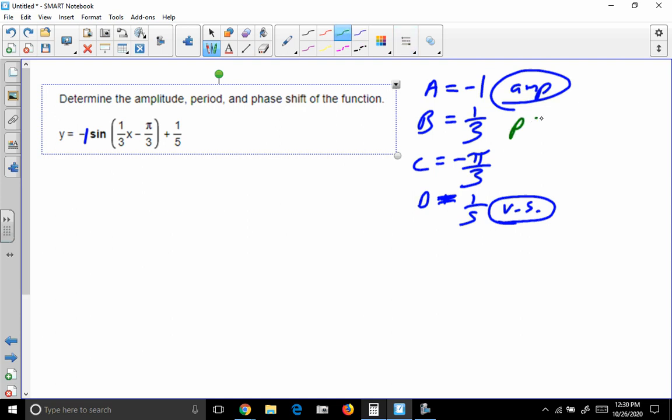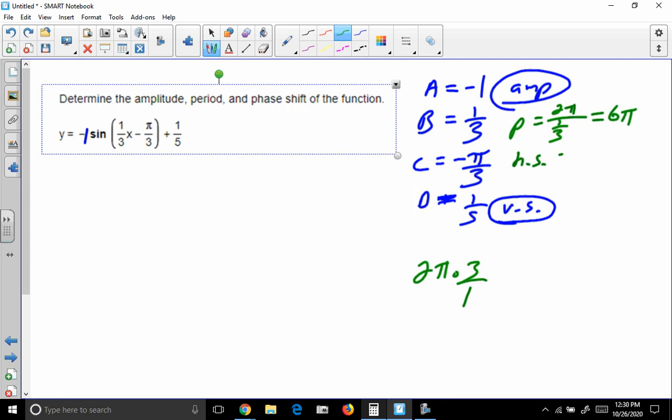Our period is 2 pi over b. Dividing by 1/3 is like multiplying by 3 over 1, so our period is 6 pi. C tells us our horizontal shift.